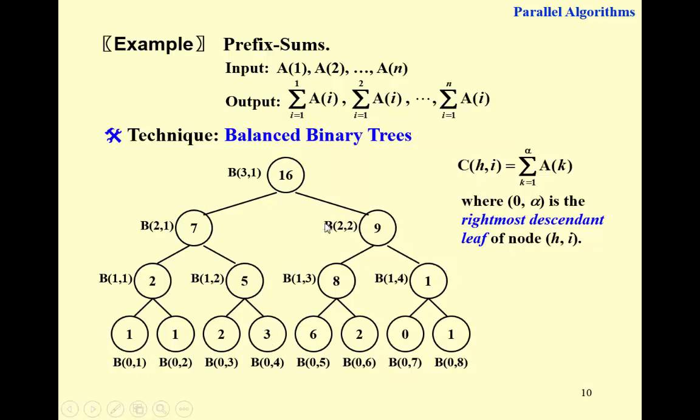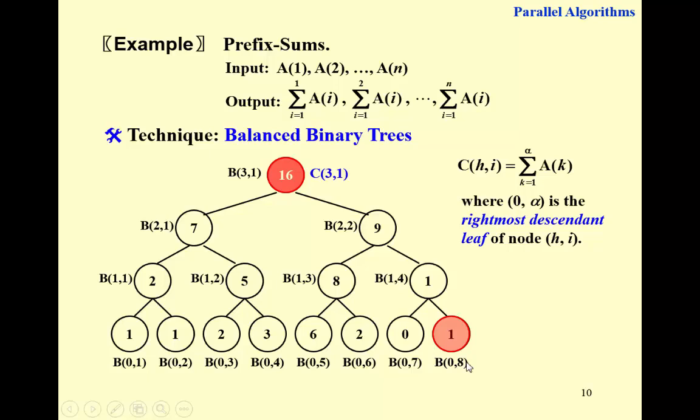So far, one thing for sure is that when i equals 1, we see that this C is just equal to B, right? So for example, with the root, B of 3,1 is 16, that equals C of 3,1, which is the prefix sum from 1 to alpha, where alpha is the rightmost descendant leaf.